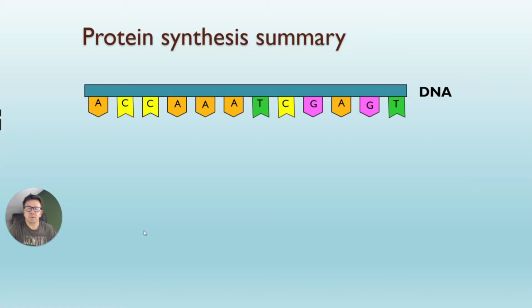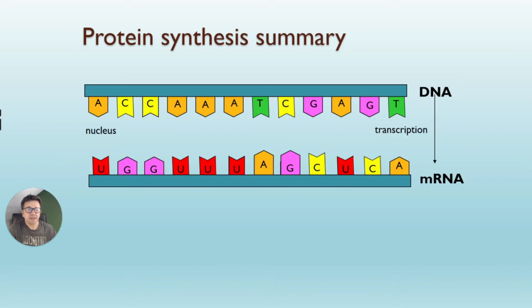So let's just have a quick recap of protein synthesis. First of all, we have a DNA, and the DNA is a template, and there's a template strand there, okay?